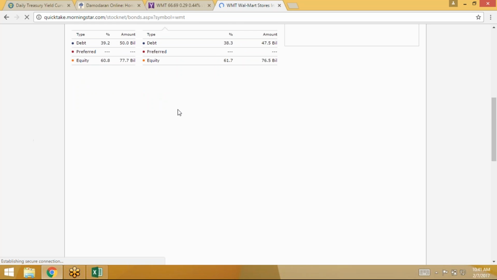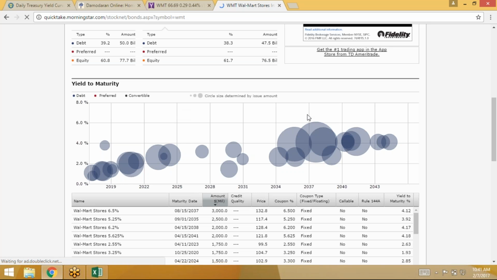You should pull up a list of the more recent bonds. Okay. So 4.12%, pretty low.